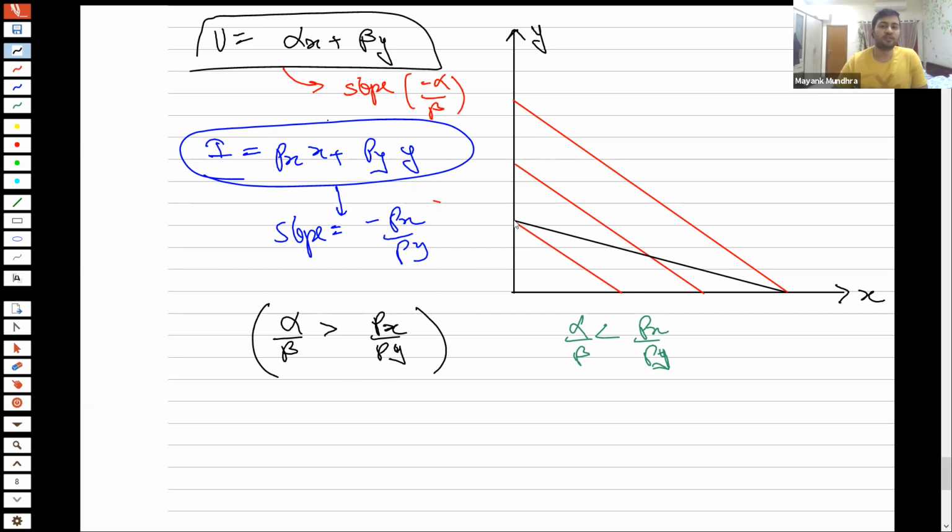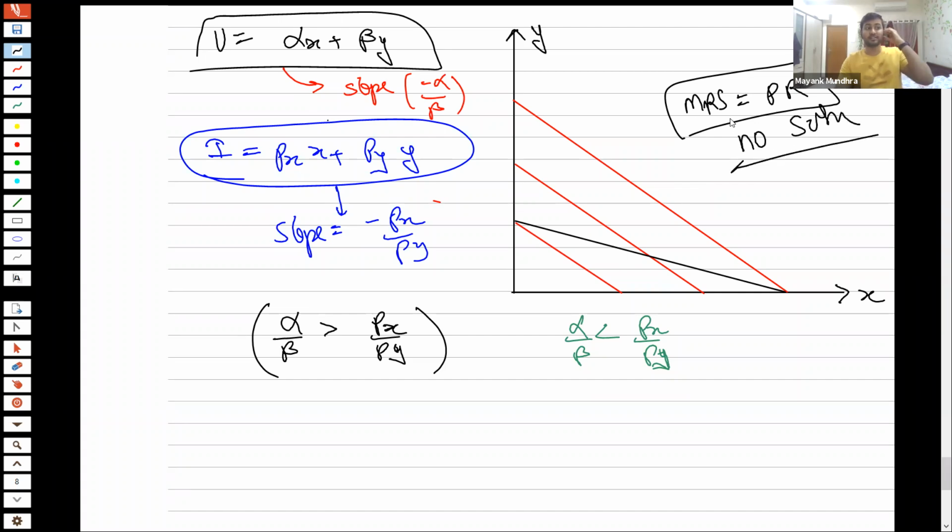So obviously, if I try to find MRS equals to price ratio, which is the tangency condition, I will never find a tangency condition. So this will be a case of no solution, because MRS equals to price ratio will never have a solution, because all these lines have different slope as compared to the budget line.